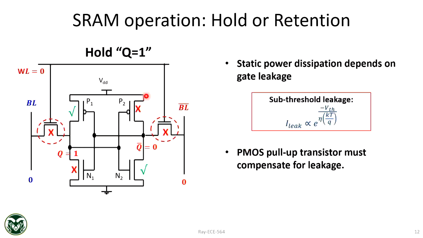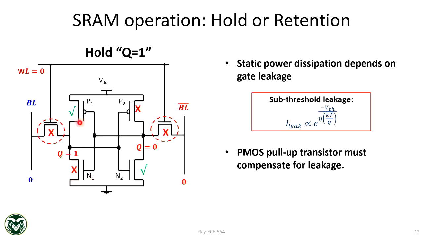So hold operation is completely determined by leakage. We talked about CMOS. Post-Dennard scaling is quite leaky. Your leakage current is, if not nanoamps, at least picoamps range. So that's significant.